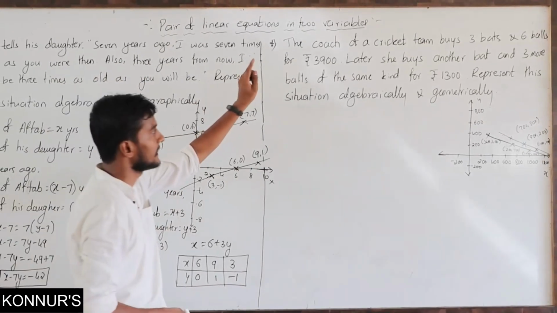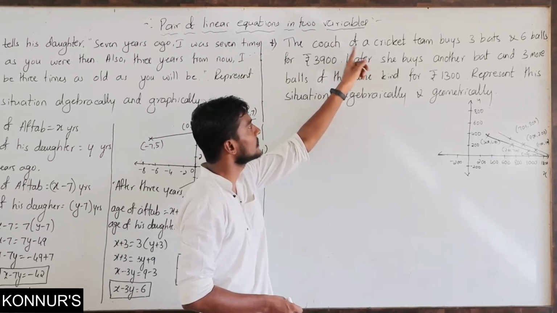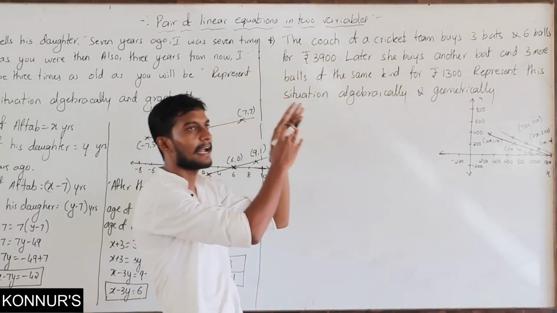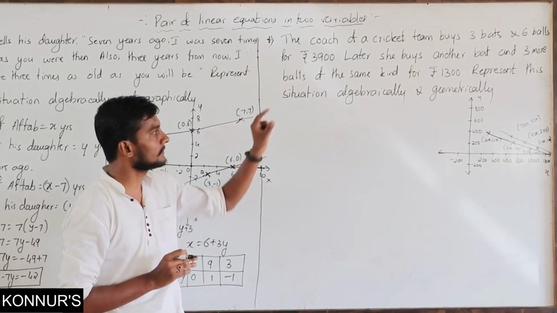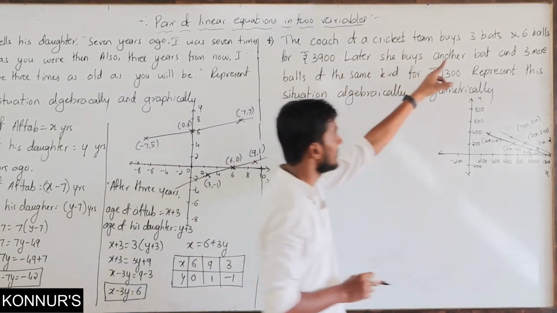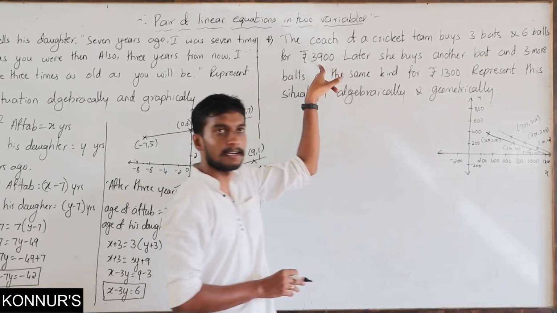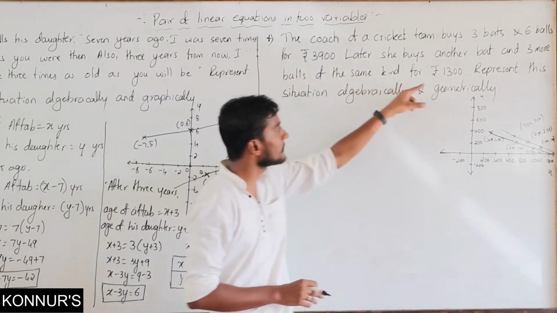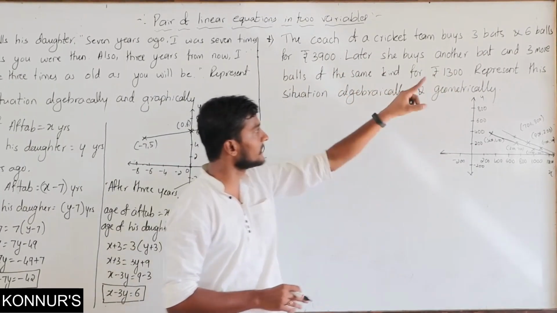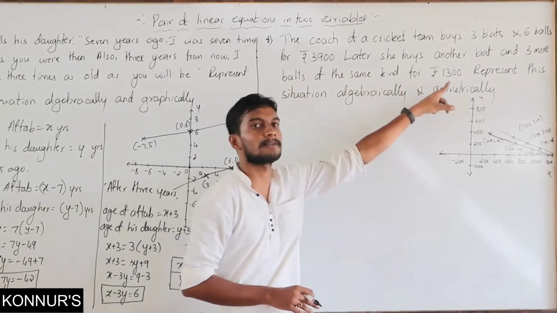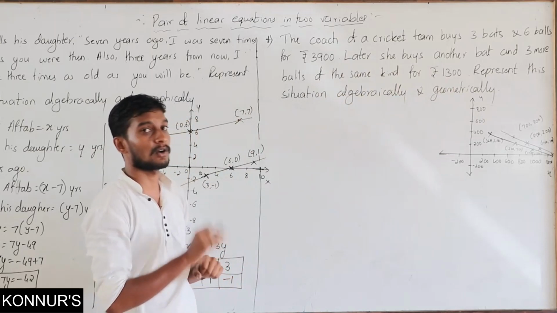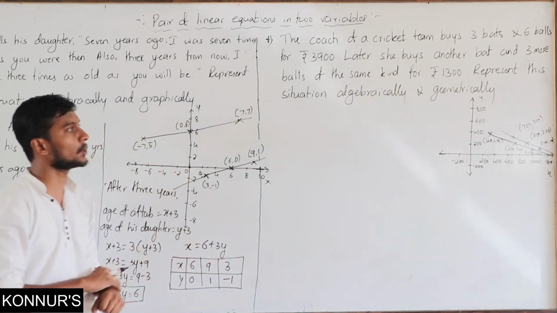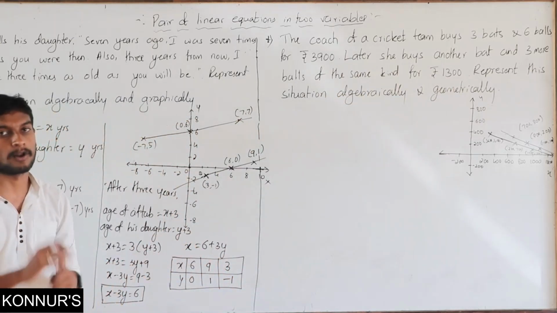So here we have a coach of a cricket team who buys bats and balls. They have purchased 3 bats and 6 balls for 3,900 rupees, and again they have purchased 1 bat and 3 more balls for 1,300 rupees. Here we don't know the cost of each bat, and we don't know the cost of each ball.